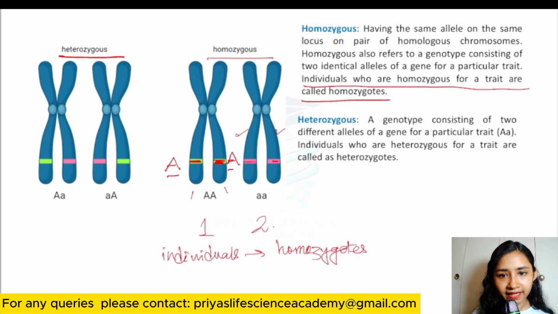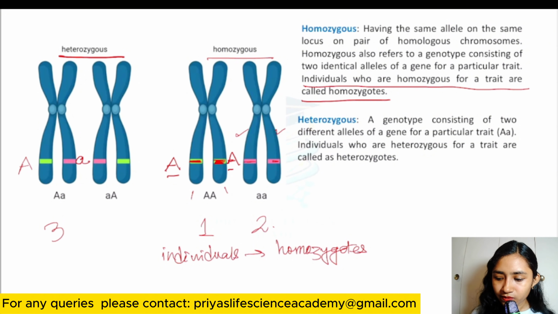Okay, and the different is the case, that is suppose this is chromosome number 3, and in each chromosome pair their alleles are different. Here it is capital A allele, here it is small a allele. So these type of chromosomes are known as heterozygous chromosomes.